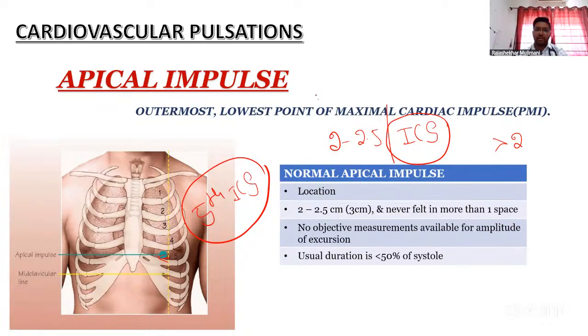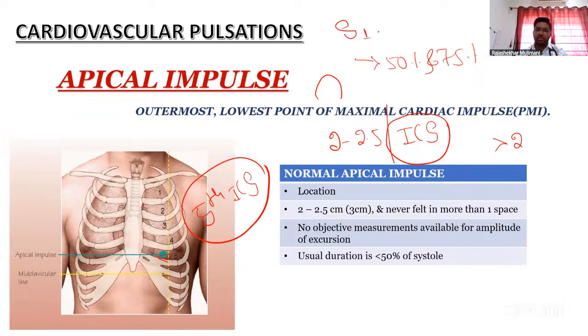How much amplitude you feel is subjective. You cannot objectively measure the amplitude of the thrust, but the duration is usually 50 to 75% of systole only. How will you time it? You time it with simultaneous palpation of the carotid artery.